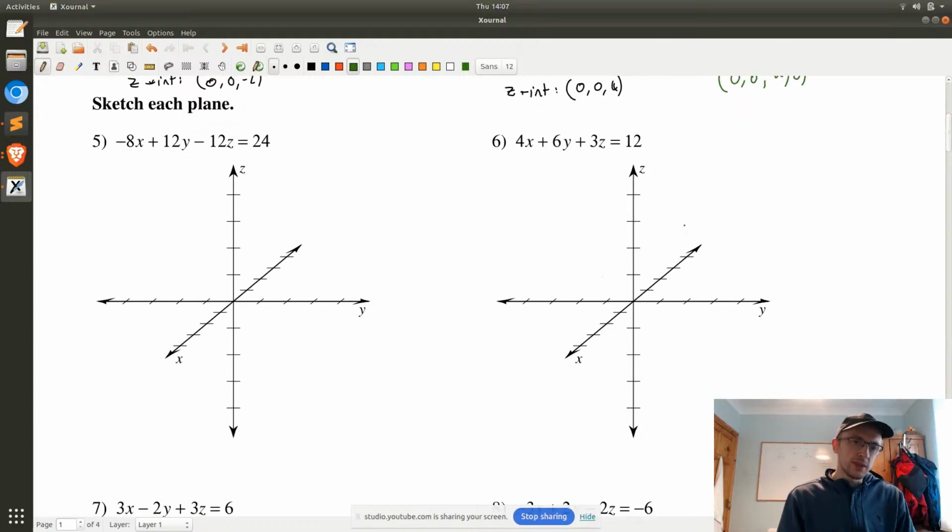Now to sketch each plane. So if I just divide everything by 4, that's a start. Negative 2x plus 3y plus 3z equals 6. And then I find their intercepts.